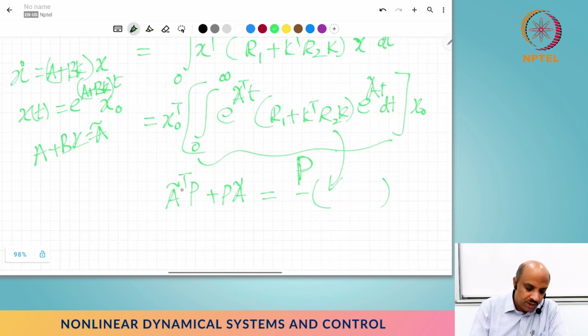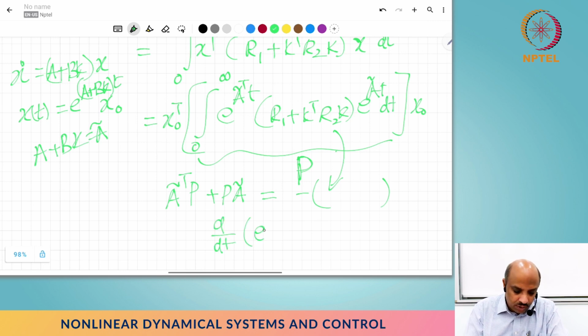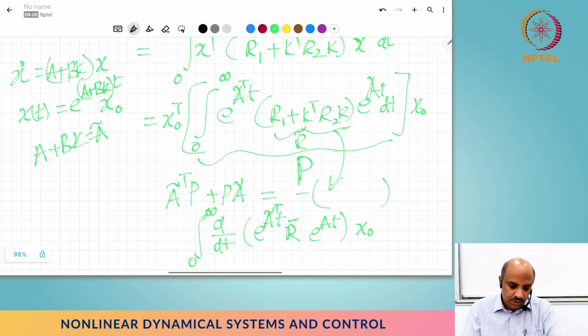Basically, when I multiply with A tilde transpose, plus P times this whole thing times A tilde, we essentially have something like a derivative d by dt of the integral from 0 to infinity of e raised to A tilde transpose t, R tilde, e raised to A tilde t.